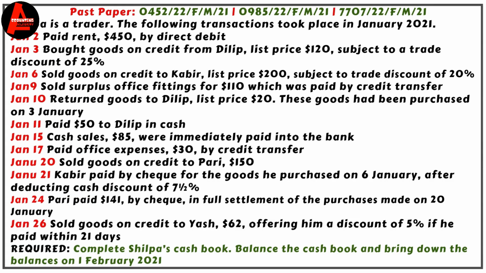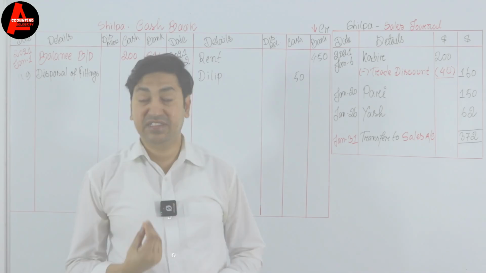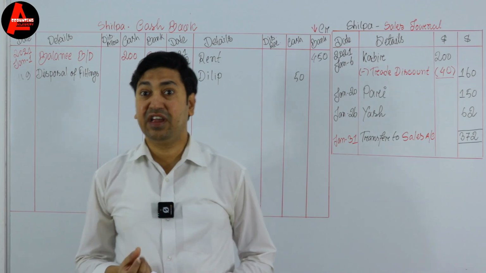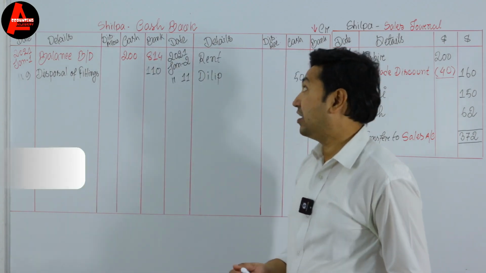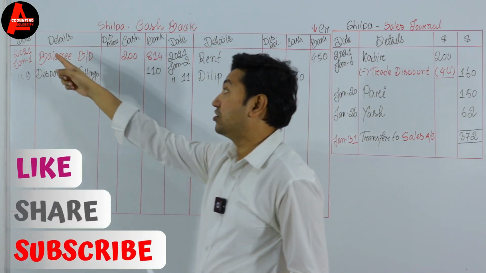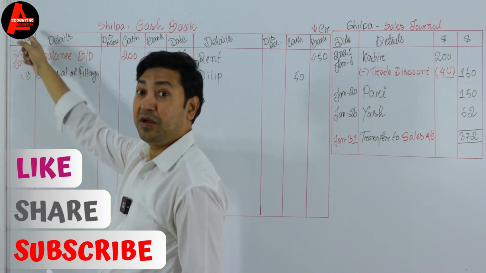Then we have our next transaction. 15, cash sales $85 were immediately paid into the bank. Cash sales, what does it mean? We sold goods and we received in cash. That means our cash balance will be increased, so we will record on the debit side.